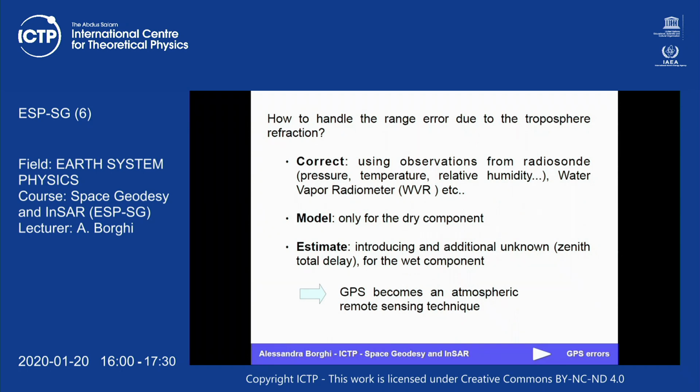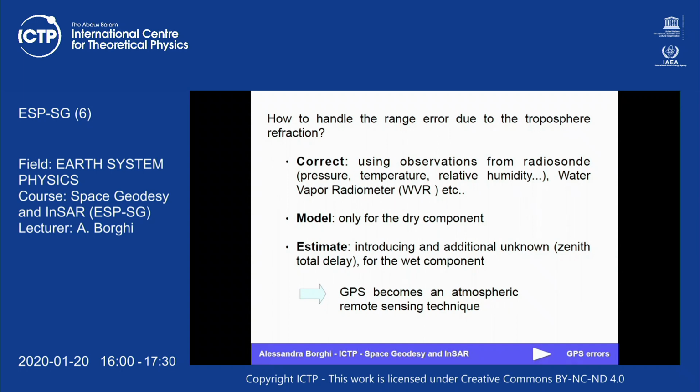In absolute terms, the ionosphere error is bigger than the troposphere error, but the ionosphere error can be handled using two or more frequencies. For the troposphere, the wet component is very complicated to model.